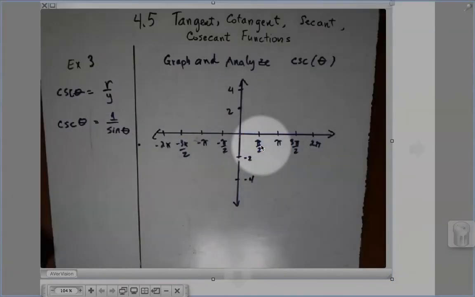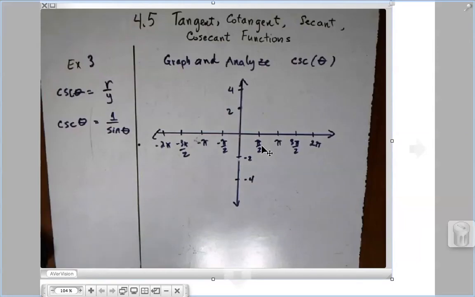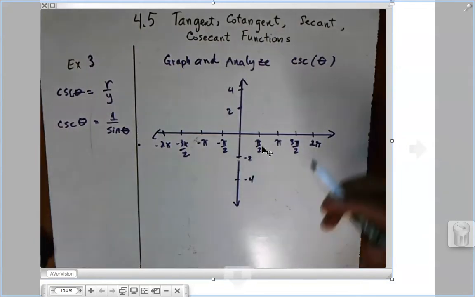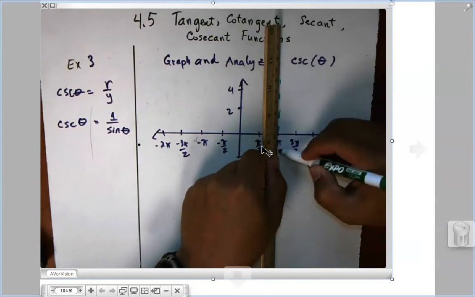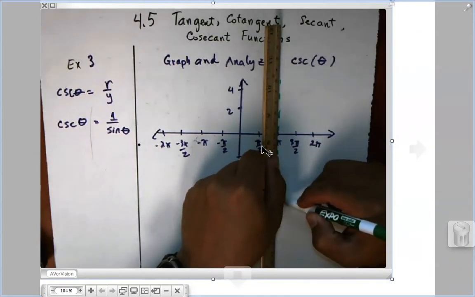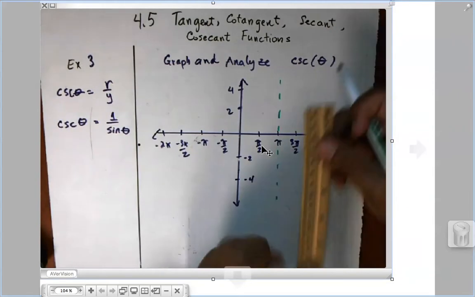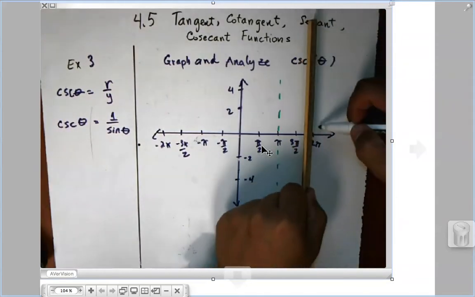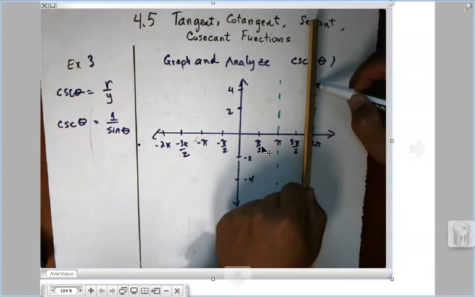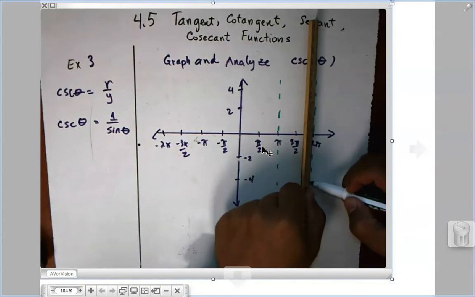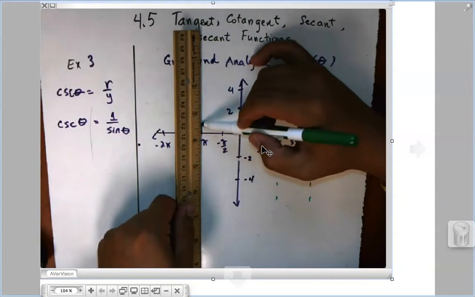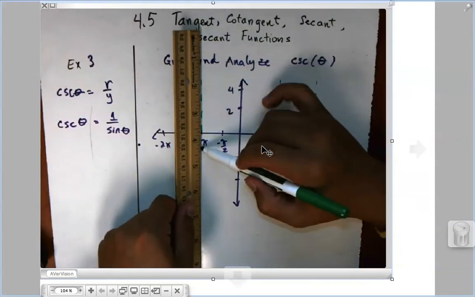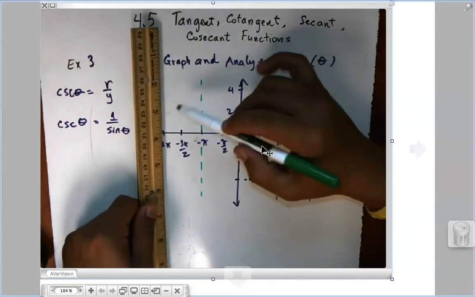So let me go back to my graph, and let's draw these asymptotes. It's going to occur at pi, it's also going to occur at 2 pi, occurs also at negative pi, and a negative 2 pi.